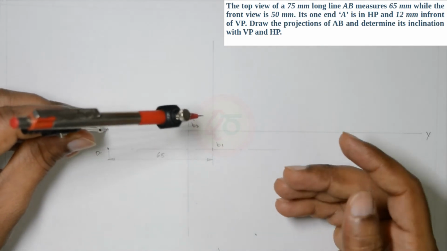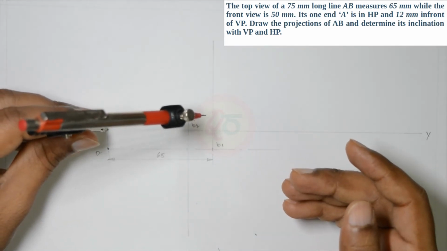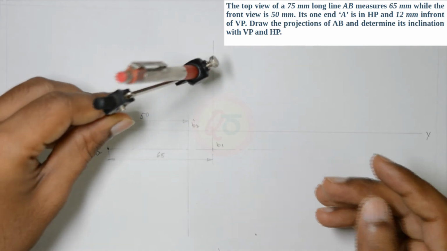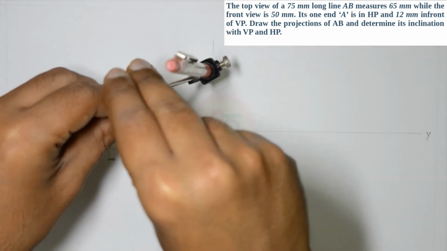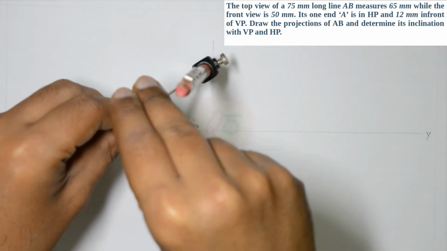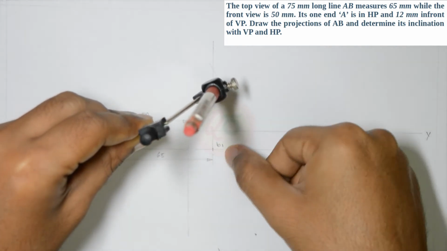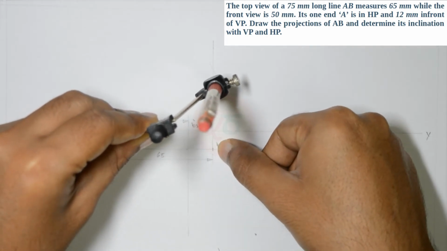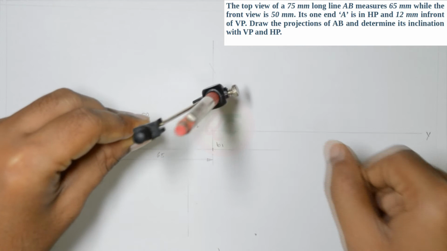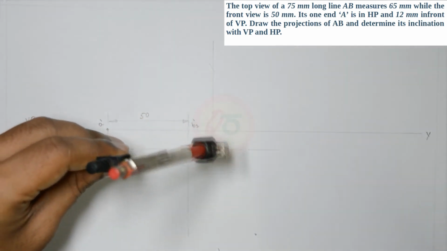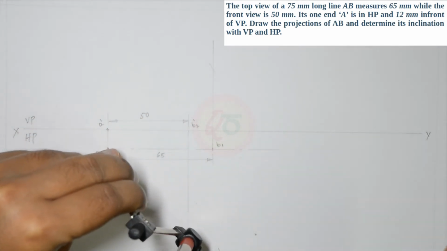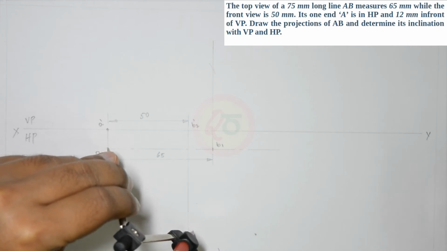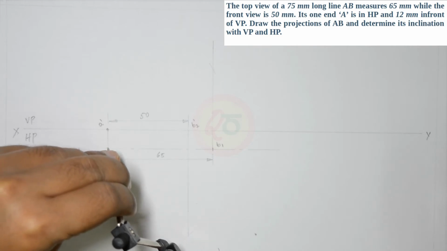The true length, again, it starts from A and A dash. From A dash, cut an arc which intersects your projection line from B1, and similarly from A, cut an arc until it intersects the projection line from A.